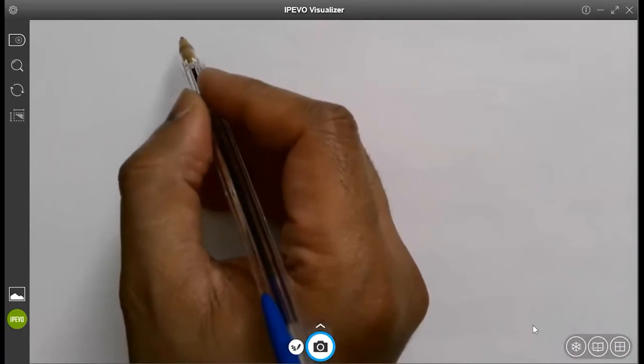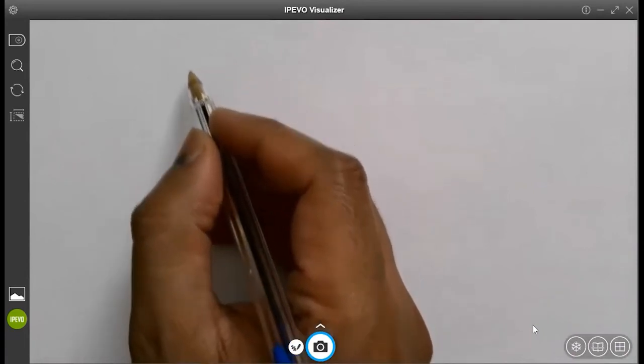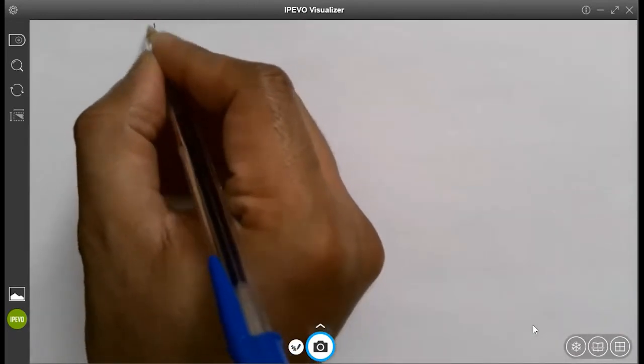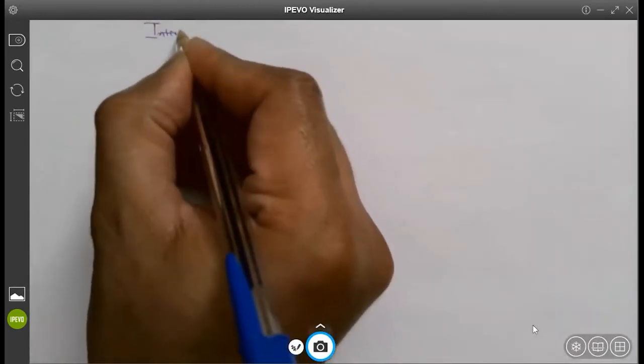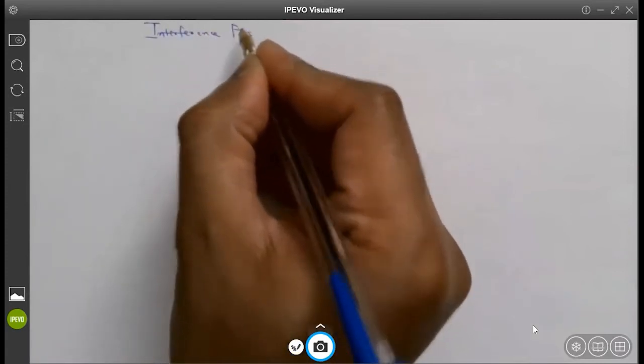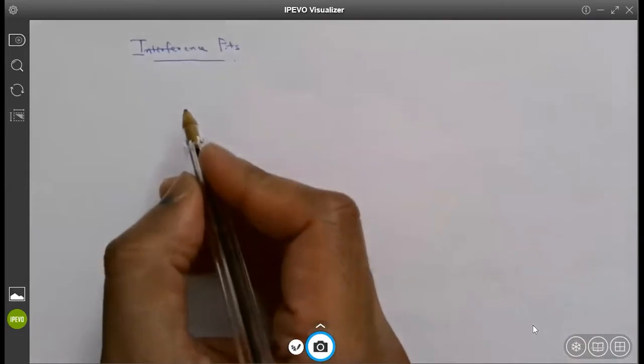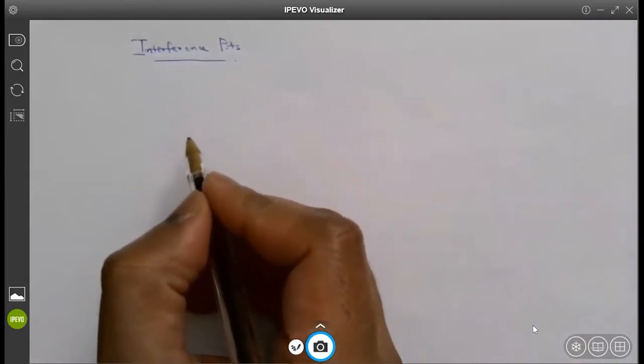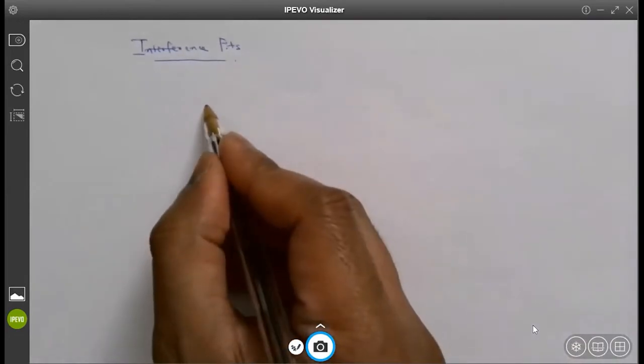What we are trying to discuss is interference fits. But before we go in there, let me discuss the fundamental deviation and basic size.